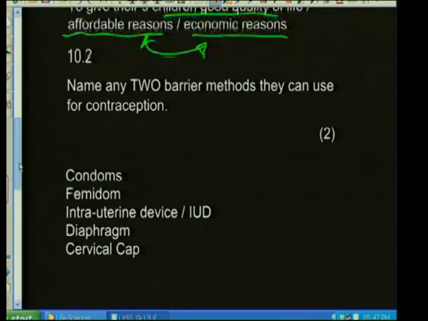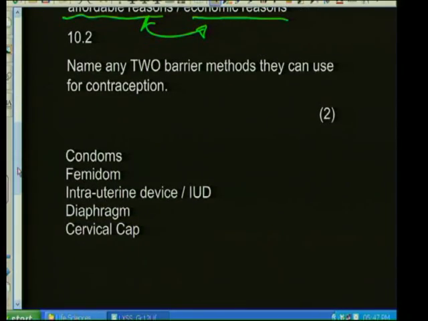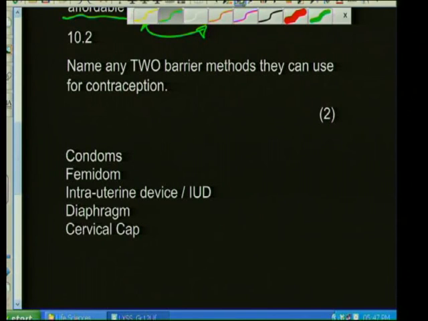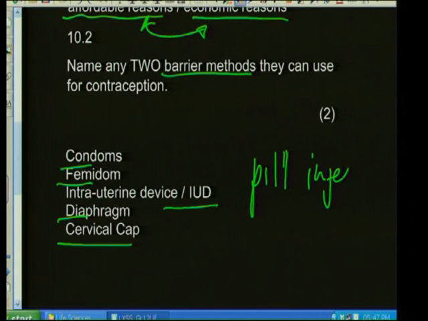Name any two barrier methods they can use for contraception. Barrier methods. You must be careful here because they mentioned barrier. So one would be condom, femidom, IUD, diaphragm, cervical cap. The pill or injection are not barrier.